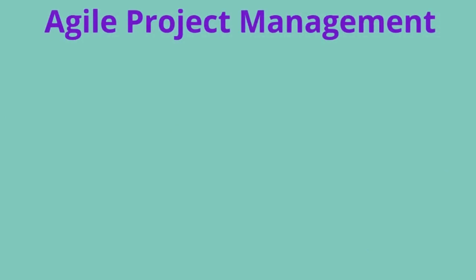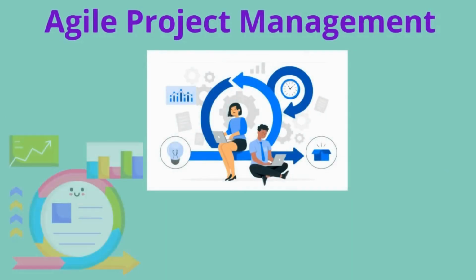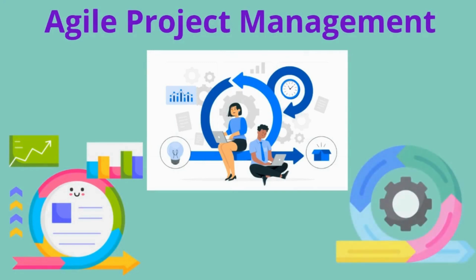Agile Project Management. In product management, Agile Project Management is an iterative and flexible approach to managing projects. Throughout the project lifecycle, it emphasizes collaboration, adaptability, and continuous improvement. In addition to software development, Agile methods have been adopted by a wide range of industries to help build great products.